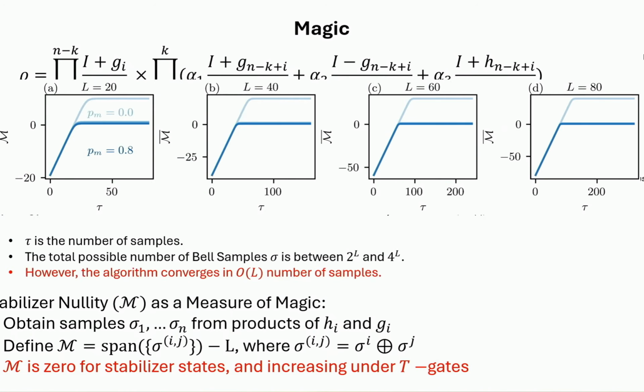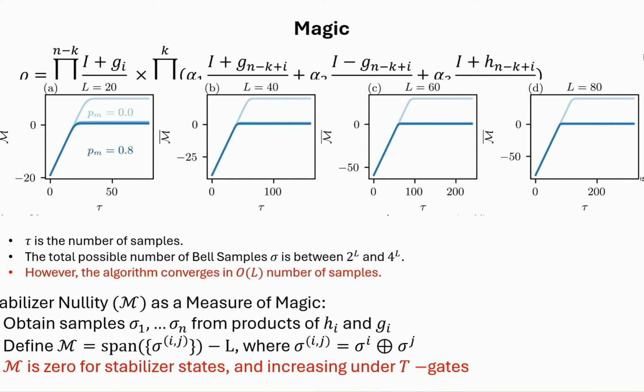Here I show a plot benchmarking our algorithm, showing how efficient it is in obtaining these Bell samples and computing the magic. The total number of Bell samples for a given density matrix is exponentially large, between 2 to the L and 4 to the L. Our algorithm works for a small number of samples, where tau is the number of Bell samples.